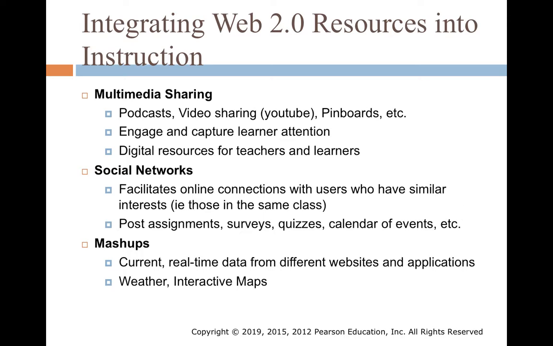There are social networks, and then, of course, the idea of mashups. So using different types of applications or different types of resources to come together and help our students use a variety of resources to accomplish their task.